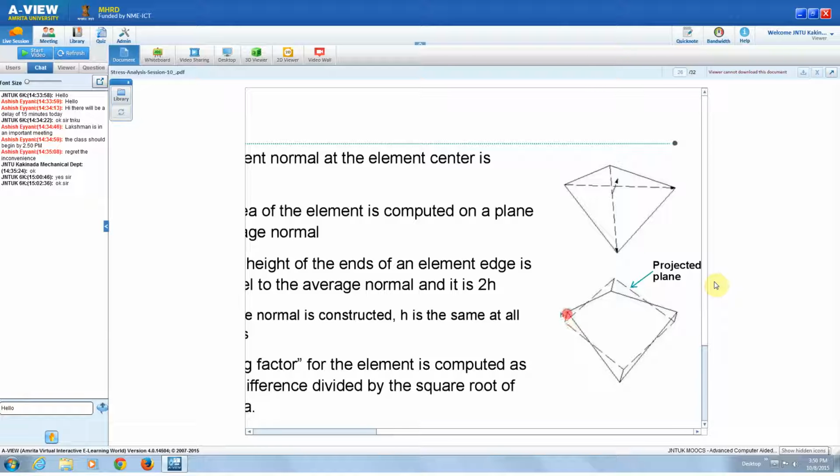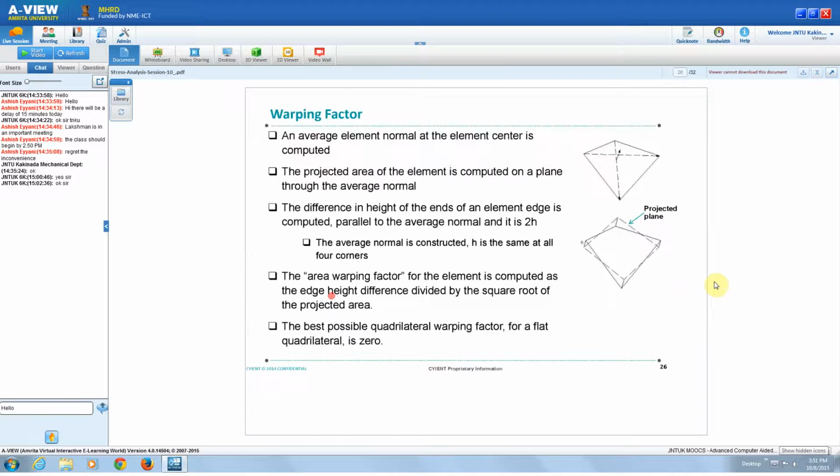The difference between the nodes at these locations will give the total height. So this is h, and this will also be h from the projected plane, so in total it will be 2h.